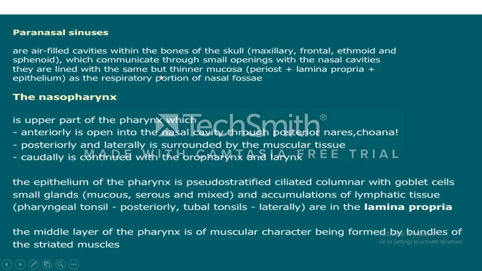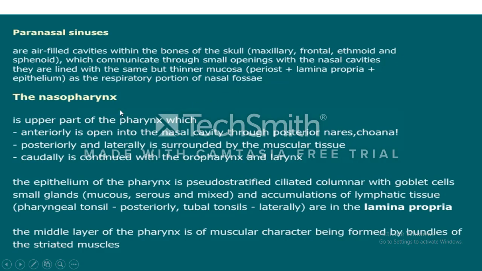This epithelium is pseudo-stratified ciliated columnar cells, and lamina propria. Okay. These parts of the maxilla or paranasal sinus connect by pores to the nasal cavity.